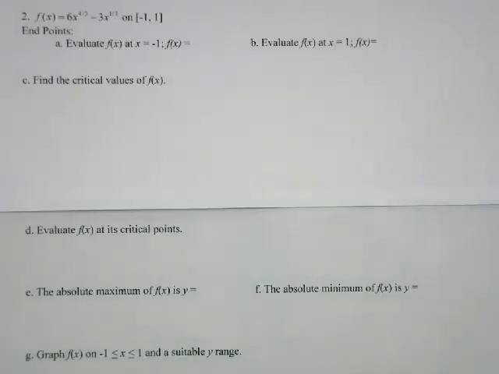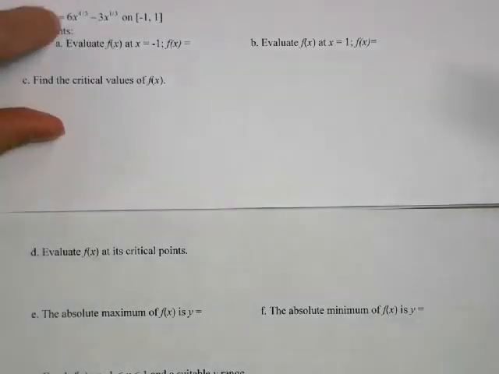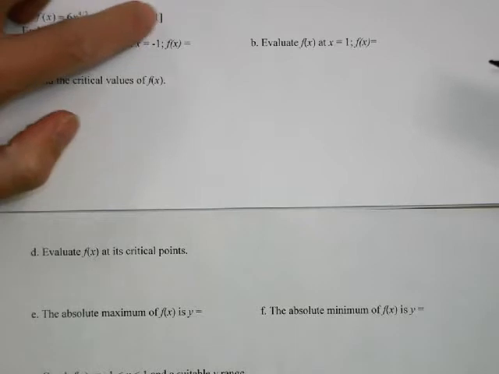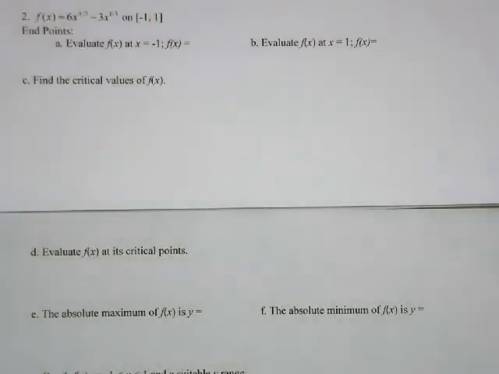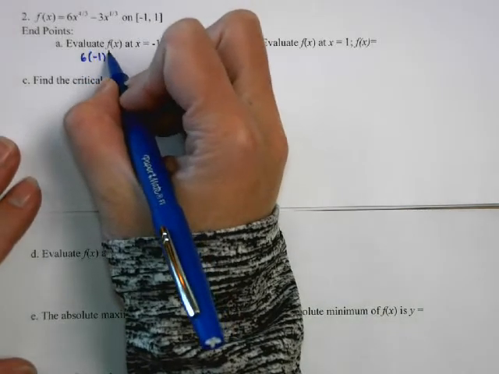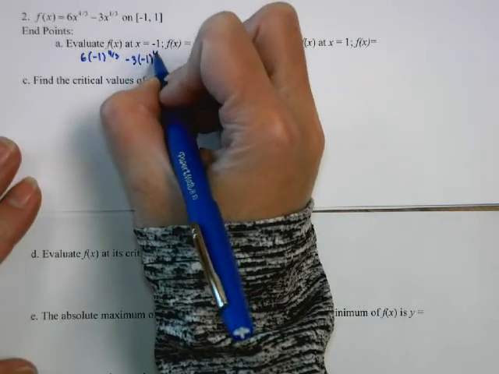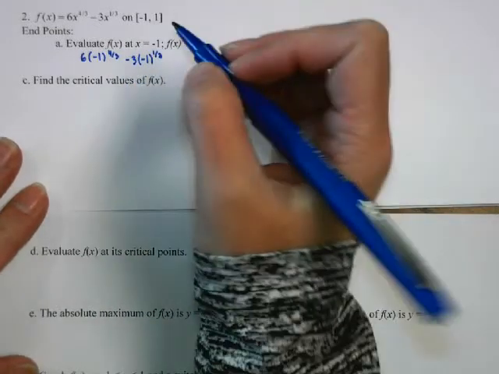So here's our next one. It is going to continue on to the next page of your notes. Our function is 6x to the 4/3 minus 3x to the 1/3, and our range is -1 to 1. So we're going to evaluate at the endpoints. We're going to have 6 times -1 to the 4/3 minus 3 times -1 to the 1/3.